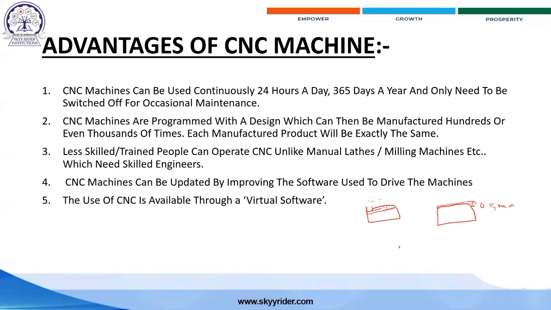Sometimes it will go below, sometimes it will be a little off. But in CNC machines, we can keep all the accuracies every time. If the parameter given is 0.5, then it will be 0.5 for all the products.